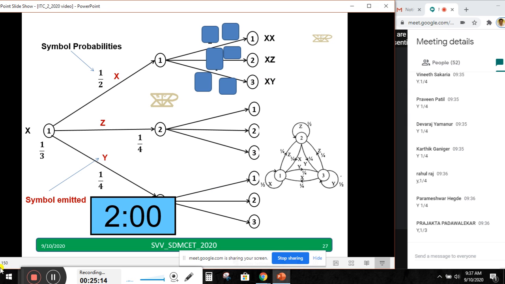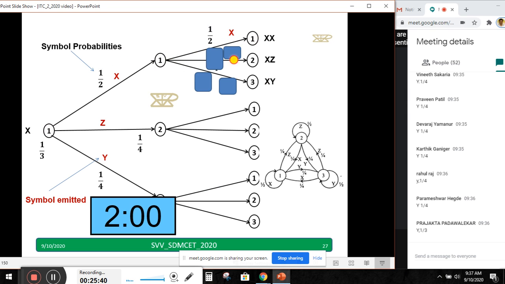The same thing is repeating here also for the second stage. Again from 1 to 1, all of you know, x is emitted and the probability is 1 by 2. The same thing I am going to write here also. See here, from 1 to 1, symbol x is transmitted with 1 by 2.